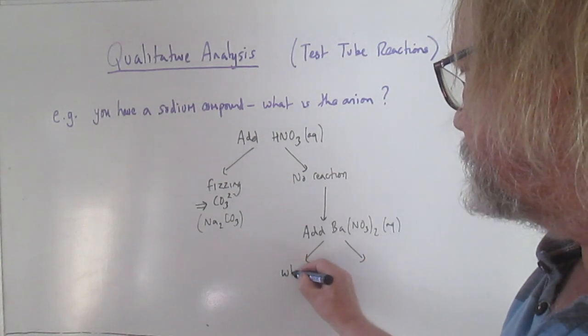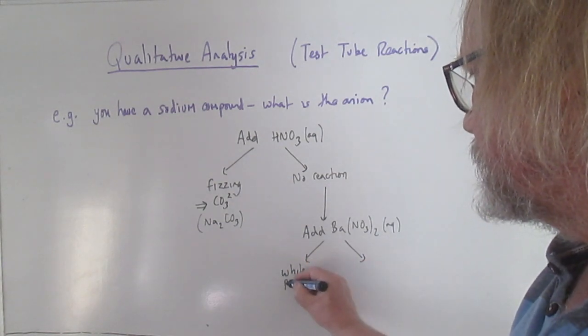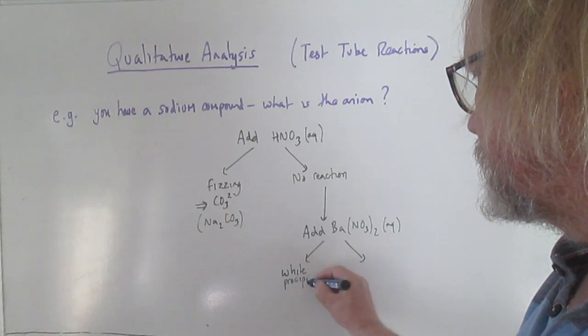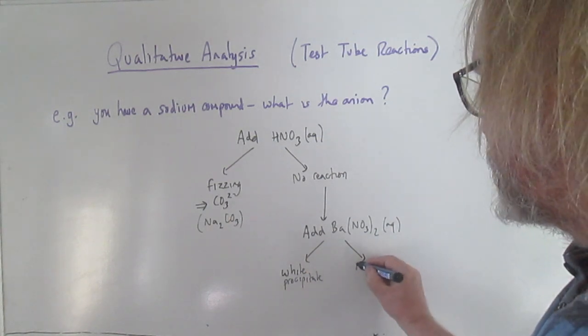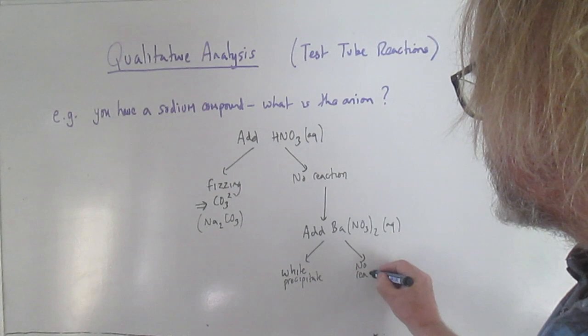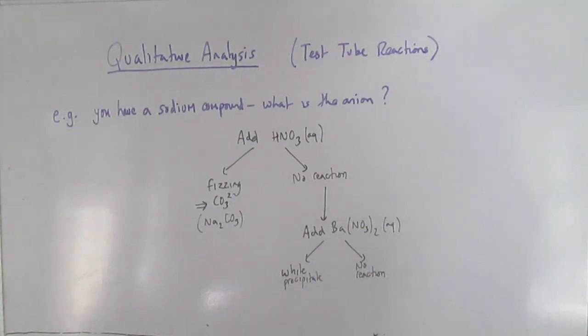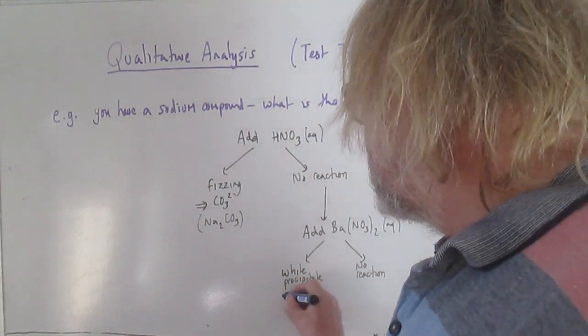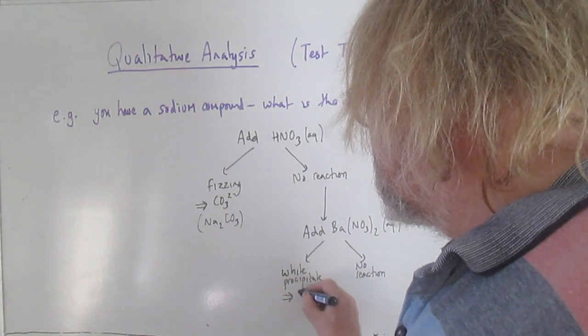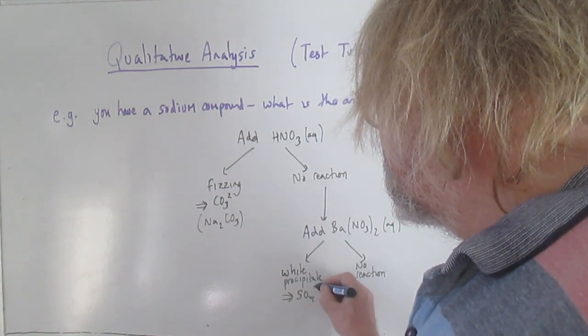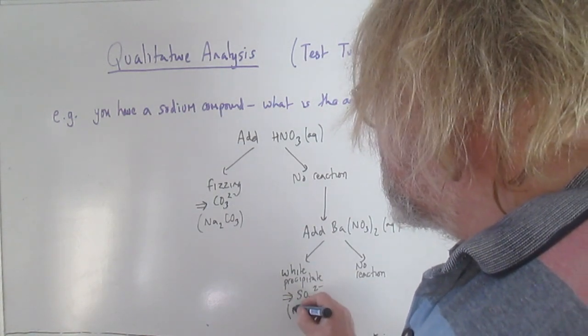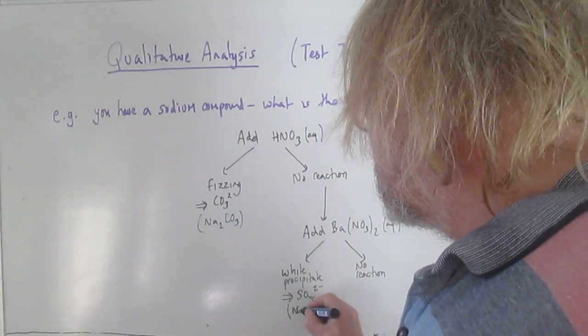You either get a white precipitate or no reaction. And if it's a white precipitate, that tells you that it's a sulfate. So in other words, our compound in this case would be sodium sulfate.